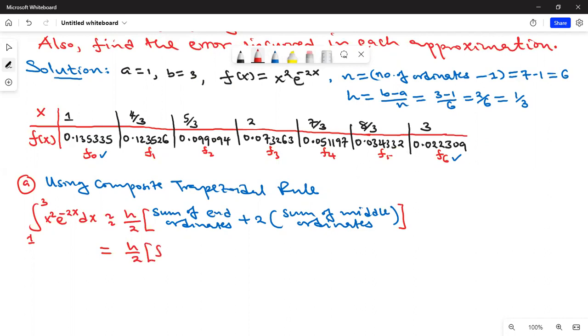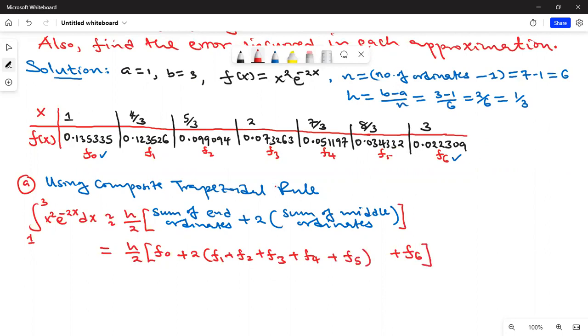End ordinates, we have f0 plus f6. Then the middle ordinates are from f1 to f5, so those ones we multiply by 2. So plus 2 times f1 plus f2 plus f3 plus f4 plus f5.